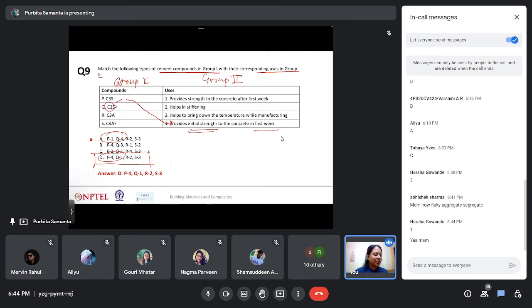Next is C2S. Yes, Harsh. So the next is C2S, which basically provides strength to the concrete beyond the first week. So just be careful with C3S and C2S. Apart from that, C3A helps in stiffening of the concrete, and once gypsum is added, it helps in retarding the setting time.